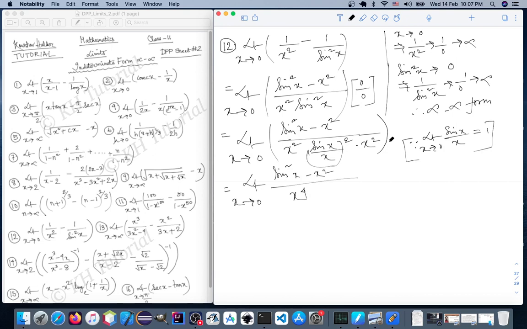Now this is also of the form 0 by 0 and we can apply L'Hopital's rule. So we get 2 sin x cos x minus 2x by 4x cube.